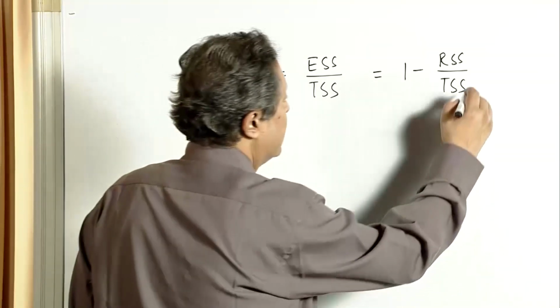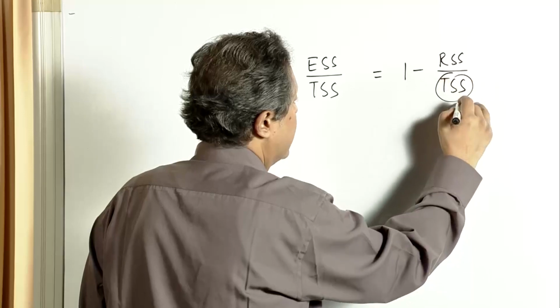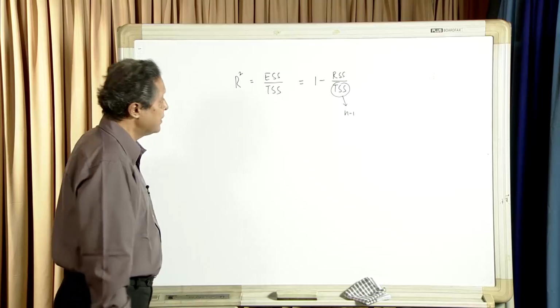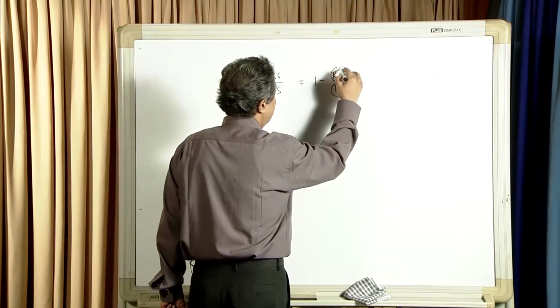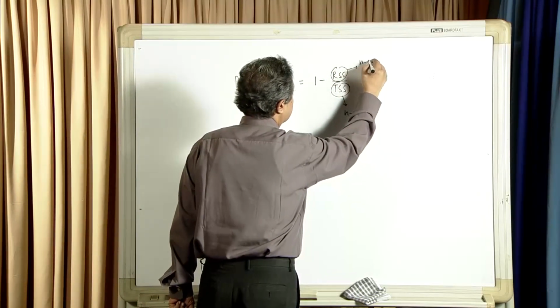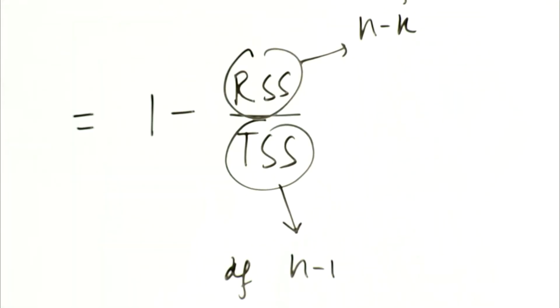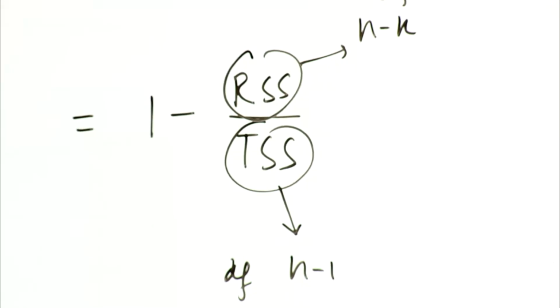Now, as we said, total sum of squares has a degree of freedom n minus 1 and residual sum of squares has the degree of freedom n minus k.